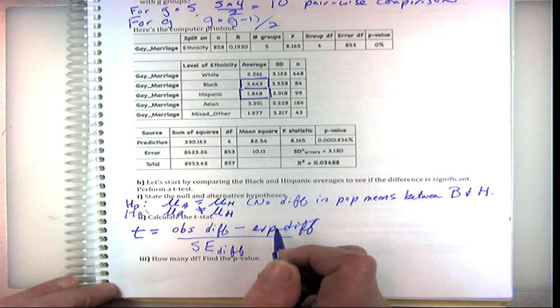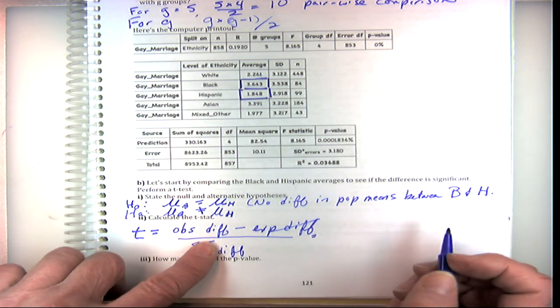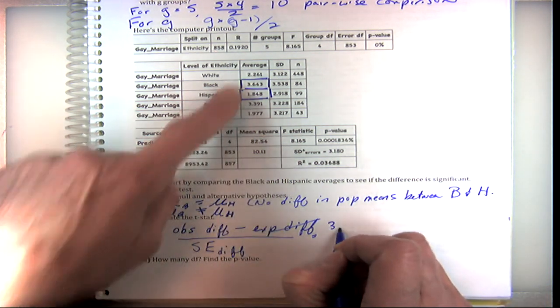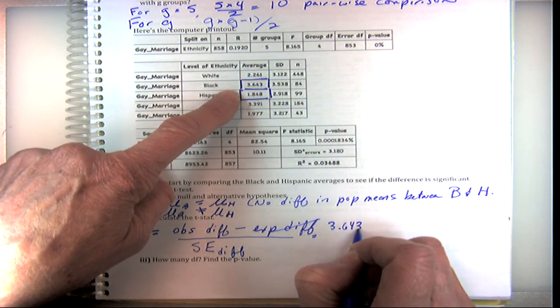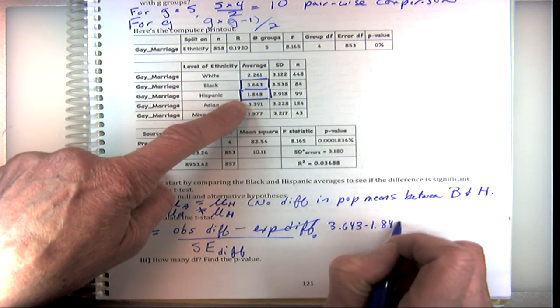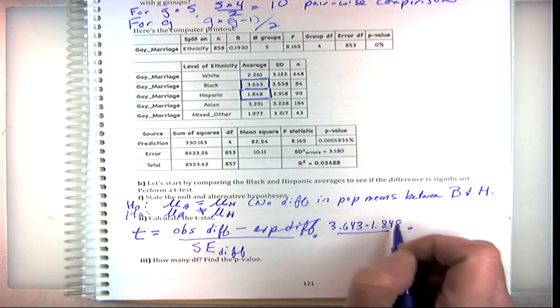Now, what is our standard error for the difference? Well, the observed difference we can get really easily. It's 3.643 minus 1.848, which is what?